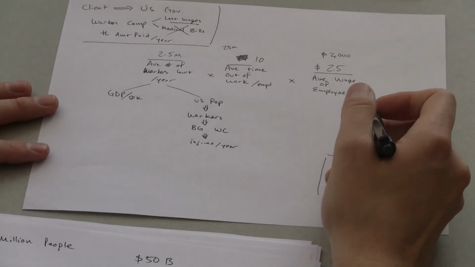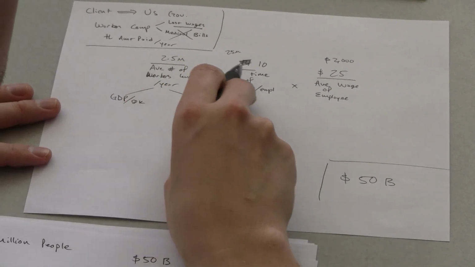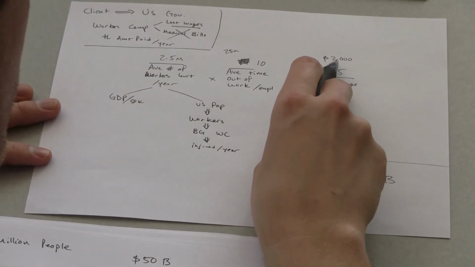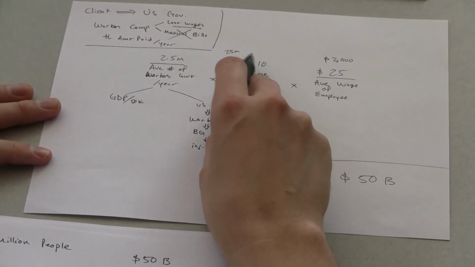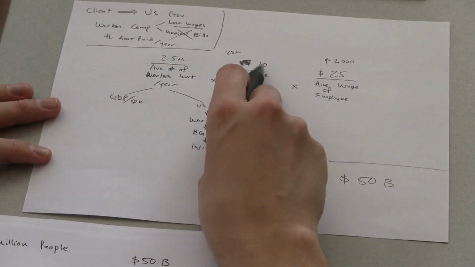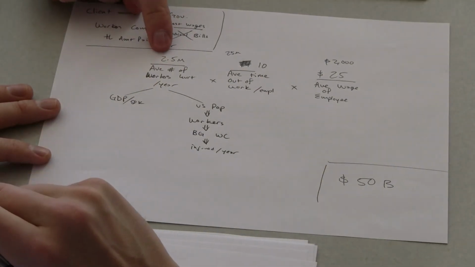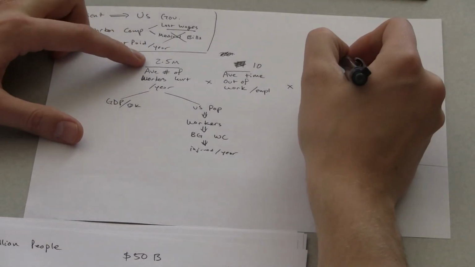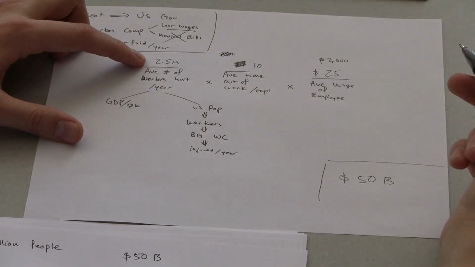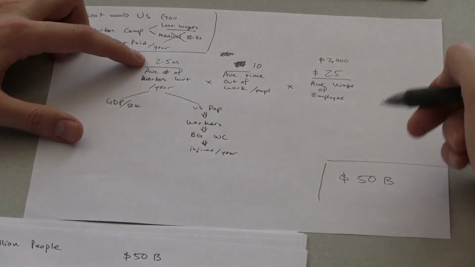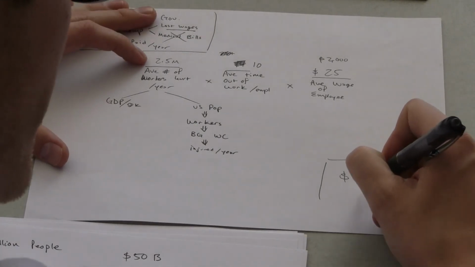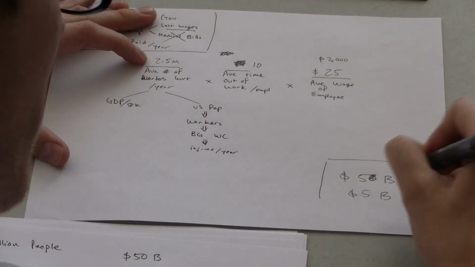So you actually have 2.5 million workers, right? Oh, gotcha. I double multiplied there. You've already multiplied that by 10. Okay, great, good call. So now I just need to multiply this by 2.5 million. All I need to do is take off a 0, so we're talking about $5 billion as the end amount.